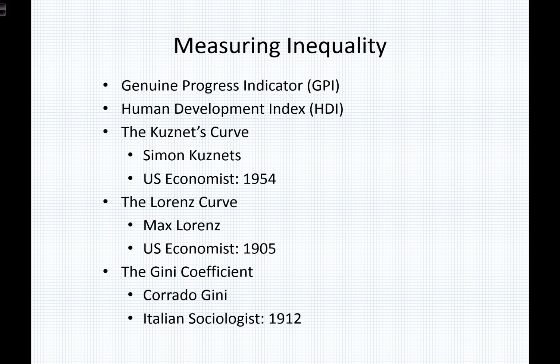Another index is the Human Development Index. This is used by the United Nations and the World Bank. It's not nearly as holistic. It takes a look at income levels, life expectancies, trade openness, and political openness and freedom, if I recall correctly, and develops an index.